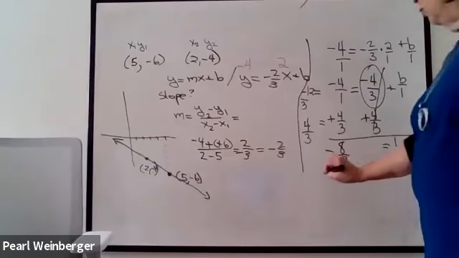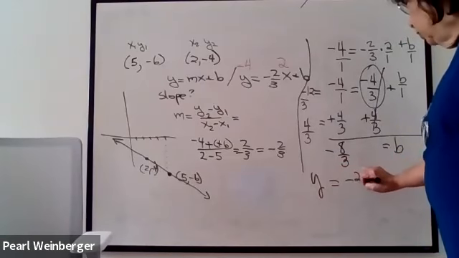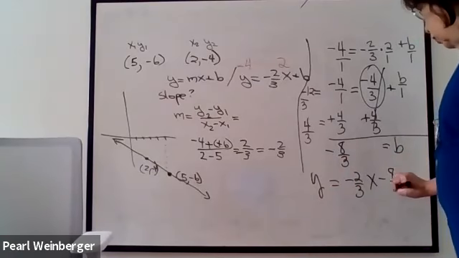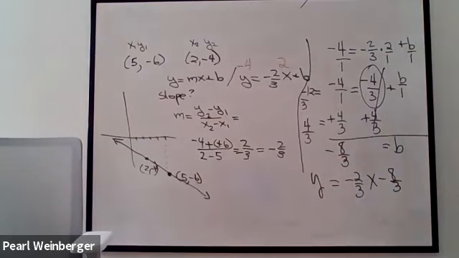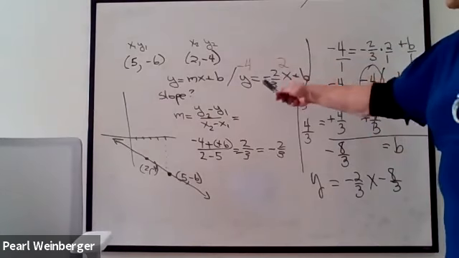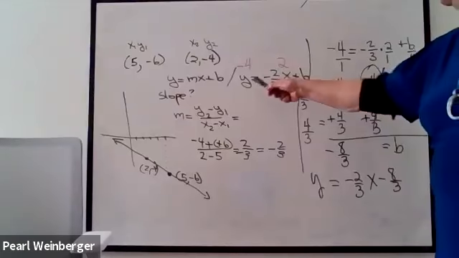And now I can write my equation, y equals -2/3 x minus 8 over 3. This got a little bit complicated because we had fractions, but the concept is: take any point on the line and stick it into the equation.